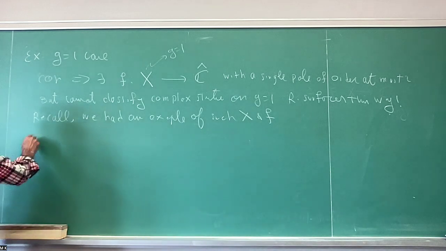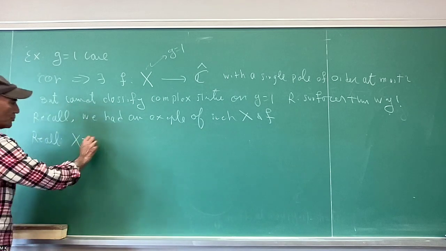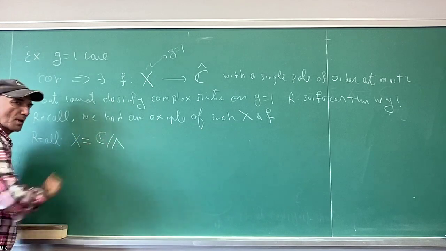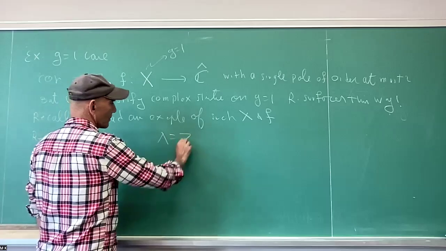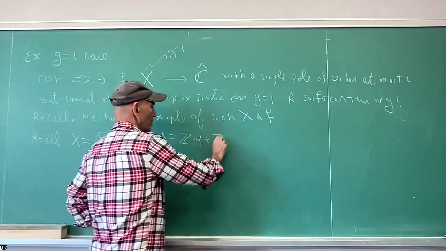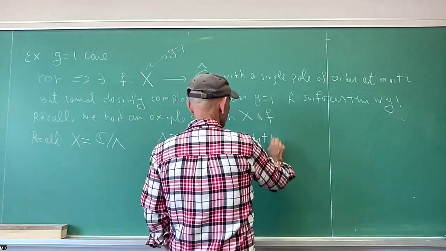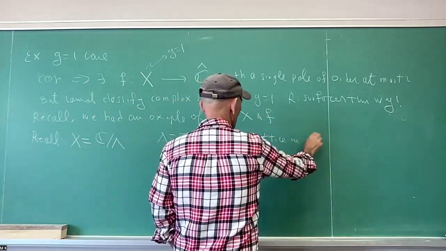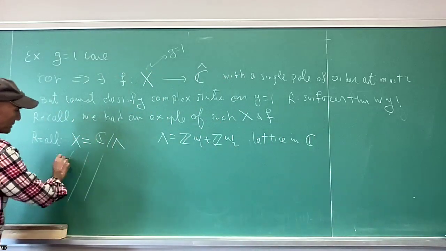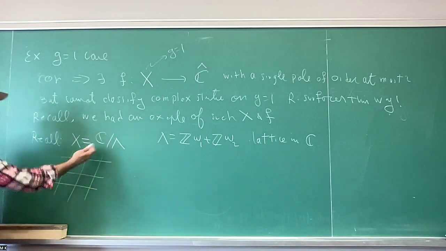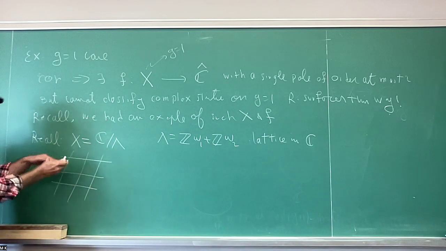So let me recall this for you. For X, we took C over Lambda, where Lambda is a lattice in C, Z omega 1 plus Z omega 2. When you divide by this lattice, you're identifying these edges and those edges.